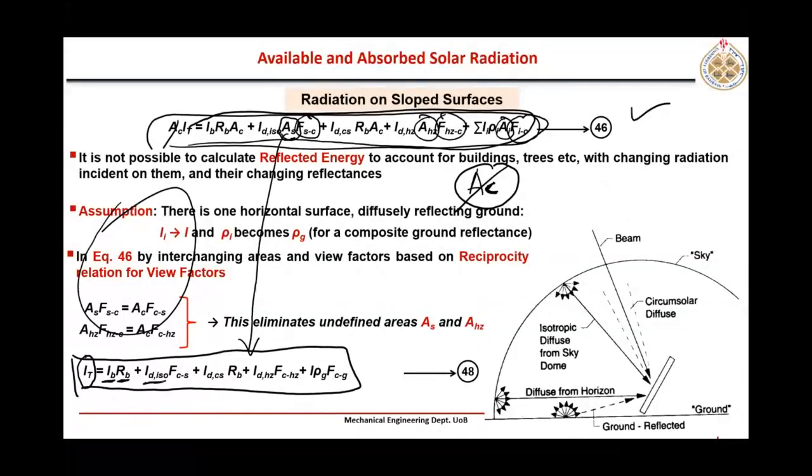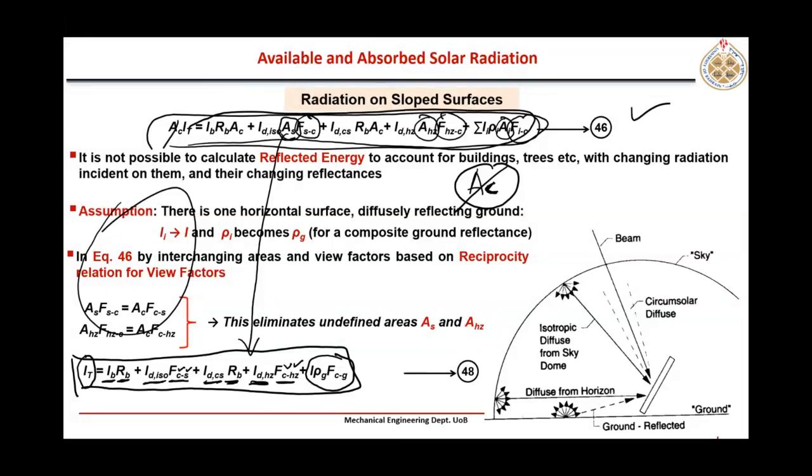This is the diffuse radiation falling on a horizontal surface multiplied by the view factor from collector to sky. This is the circumsolar multiplied by beam radiation tilt factor. This is the horizon diffuse multiplied by view factor from collector to horizon. And this is the ground reflected.